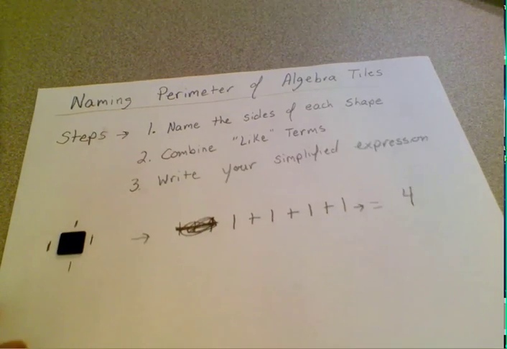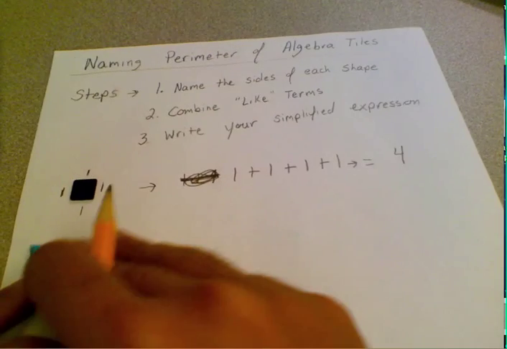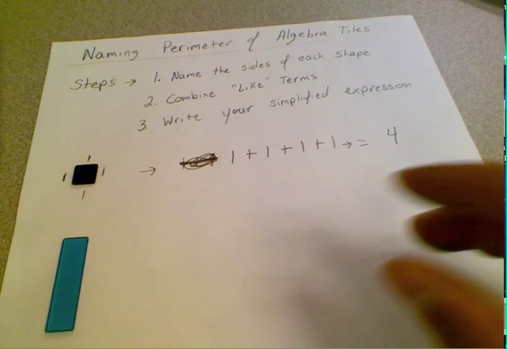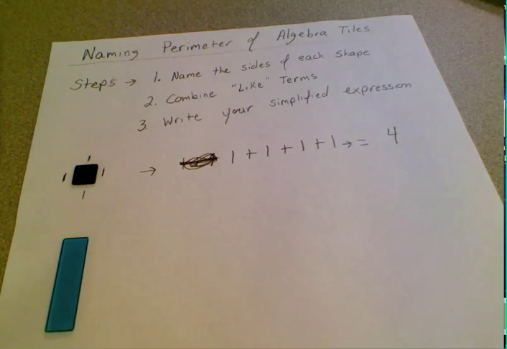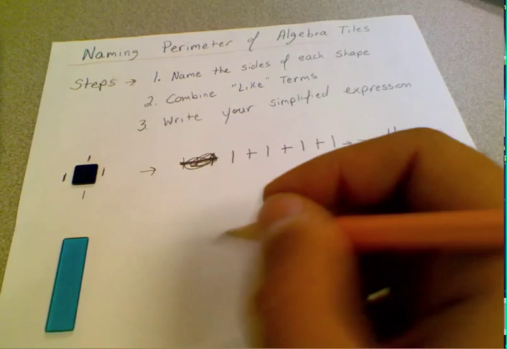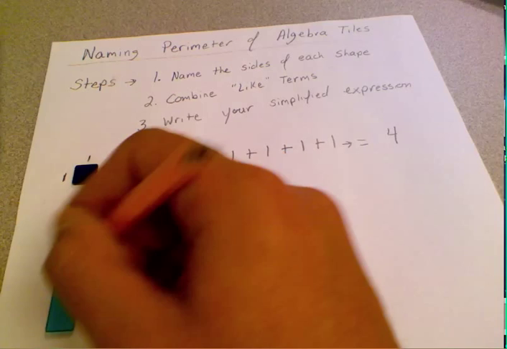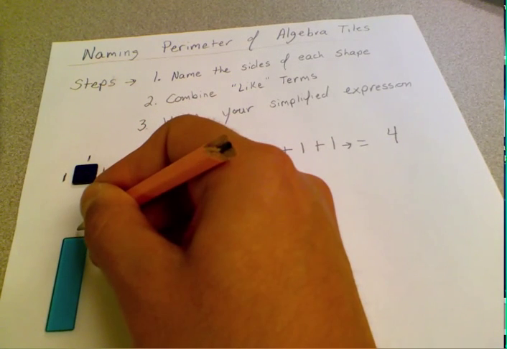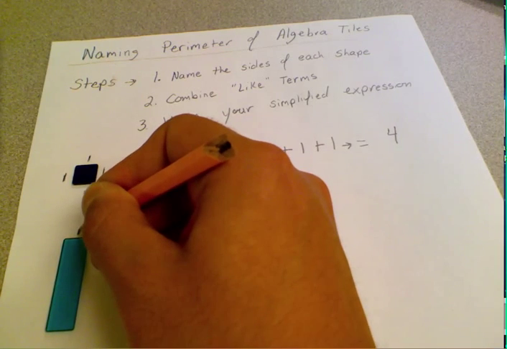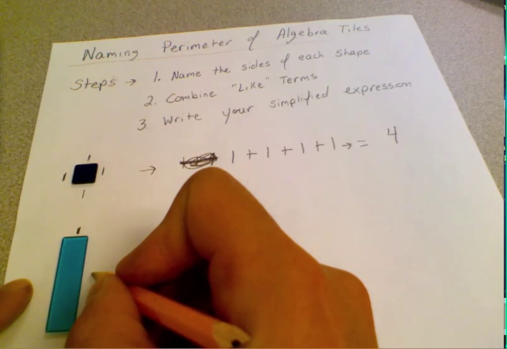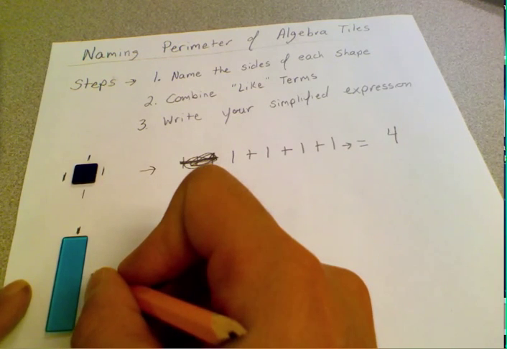That is the perimeter. If I look right here at my x piece, remember, I named my x piece by its area, but now I want to name it by its perimeter. So again, I'm going to name each side of my x piece. I know that this side is 1, and the sides, the left and the right here, remember we labeled x.